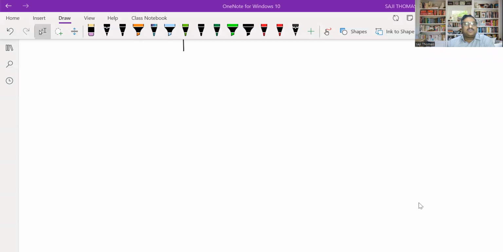First, let us discuss cells in series. Consider two cells of EMF E1 and E2 and internal resistances R1 and R2. This is a cell of EMF E1, connected in series with a cell of EMF E2, internal resistance R2.